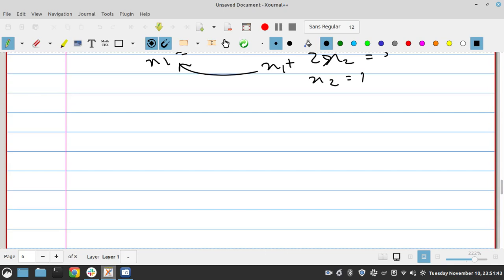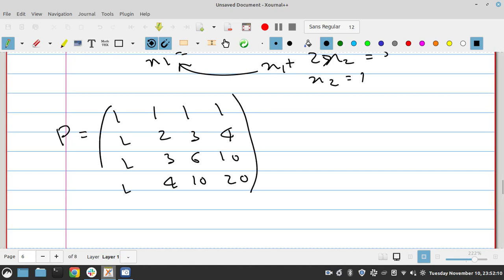So P equals 1 1 1 1, 1 2 3 4, 1 3 6 10, and 1 4 10 20.